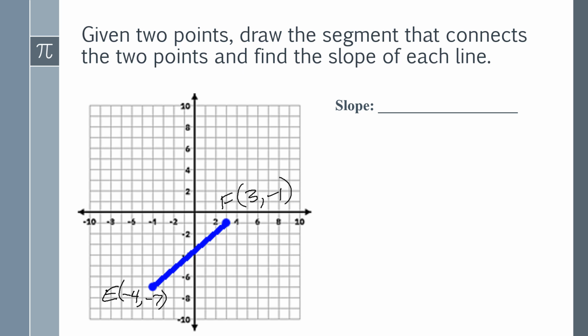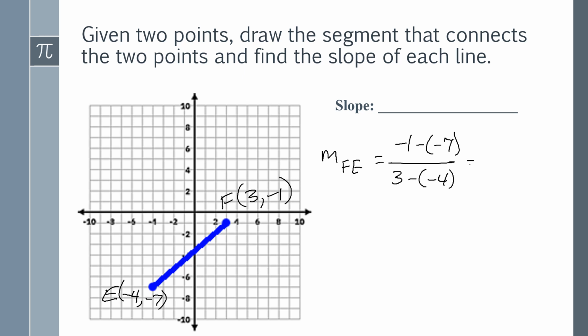And this time we'll go the other way. We'll say the slope of F to E. I do this so that it helps me keep track. So, negative 1 minus negative 7 over 3 minus negative 4.